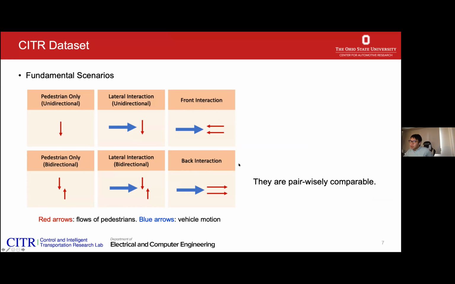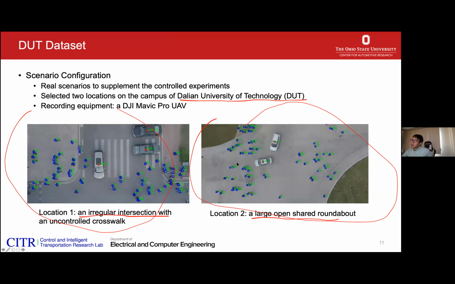And I believe that if we want to study the interaction between pedestrians and vehicles, it would be better to start with some basic interaction patterns. And then after we study the basic interaction patterns, we can move to the second type of scenarios, which is real scenarios, because the real scenarios are extremely complex.